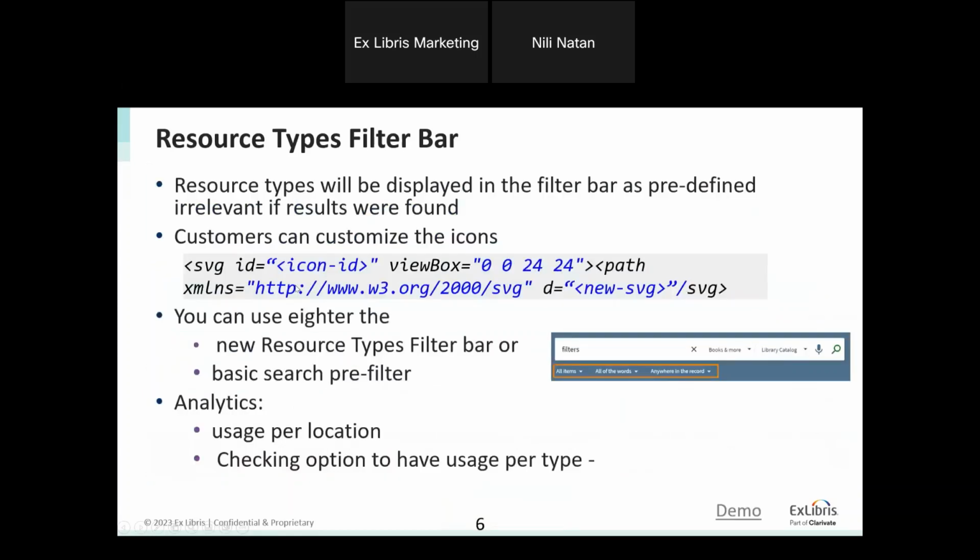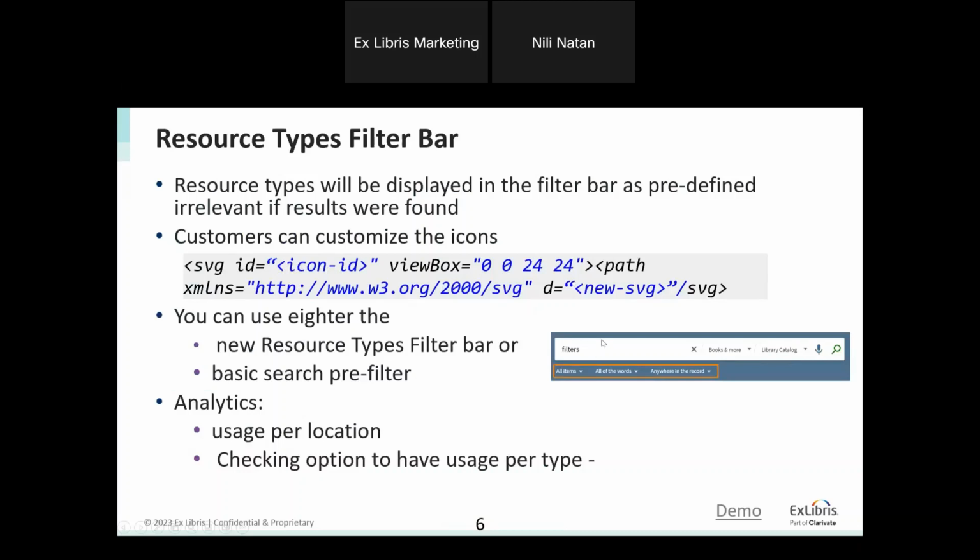I put here, and we will have in a release note, an instruction on how to do that. Mainly you need to identify the name of the icon ID, and then you can go ahead and provide your own SVG. SVG is the file format that the icon is currently given in. And then you can replace and customize the icon per your need and flavor.